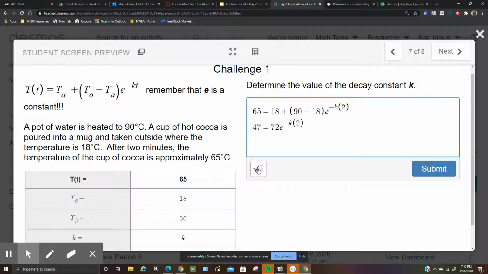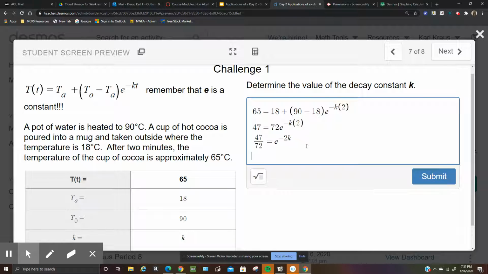So the next step is divide by 72. I get negative 2K. So when I do the next couple steps, let's see what happens.